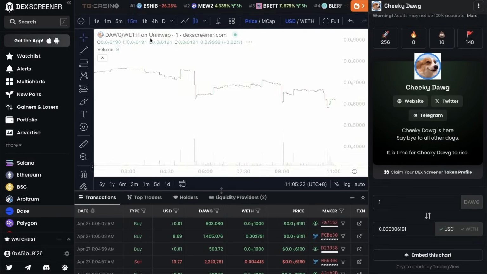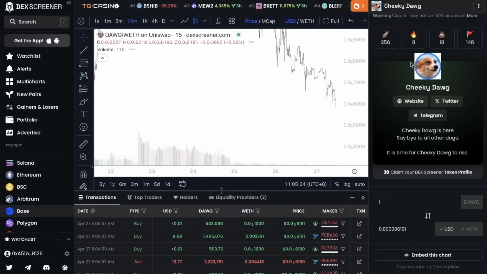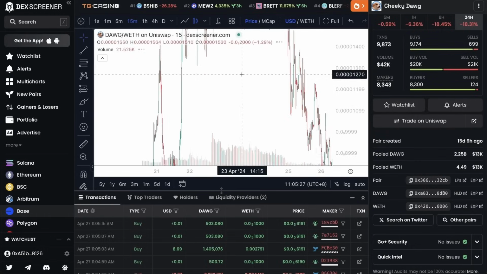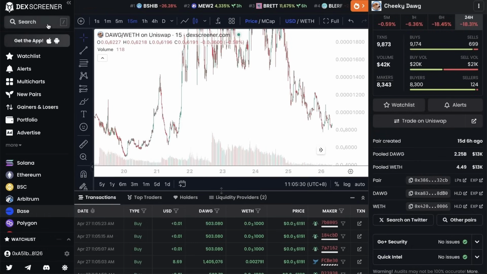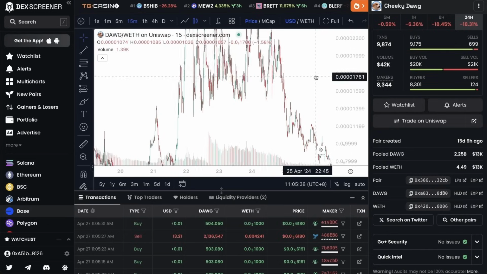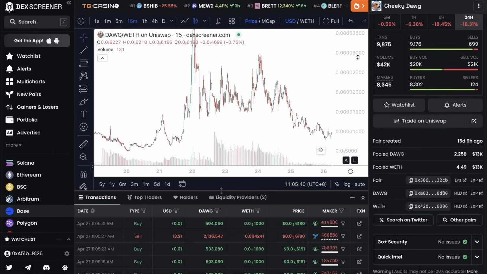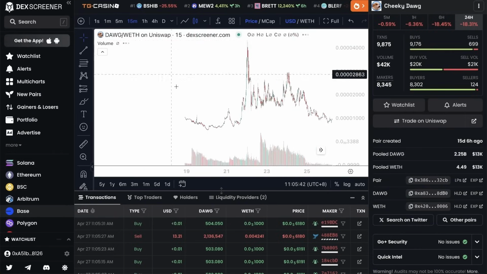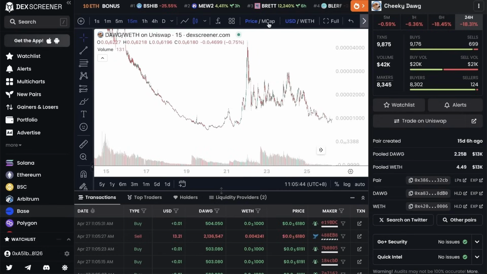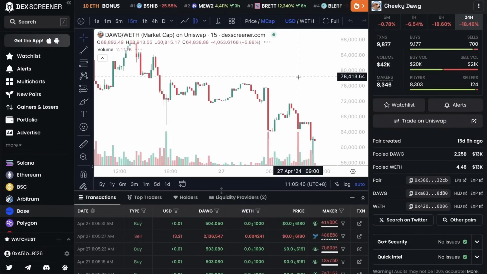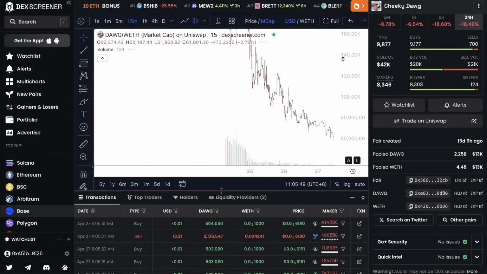It's also interesting for me to see a little bit the charts. On the charts, you see that what I did is I changed the time frame. Normally, I would trade on the 1 minute time frame. Here, I'm using the 15-minute time frame just to see how high the coin went. For that, you can click on market cap here, and like this, you have an idea what the market cap was.